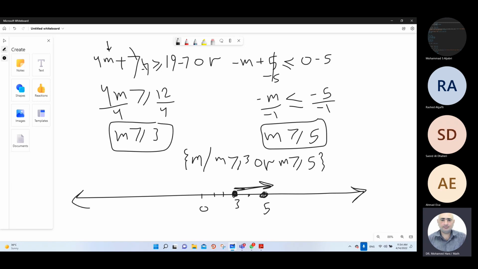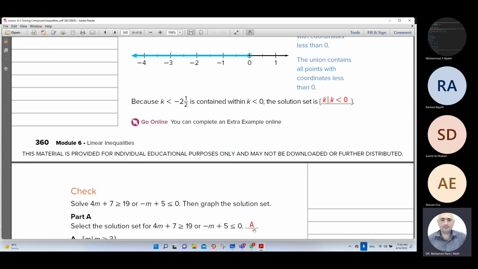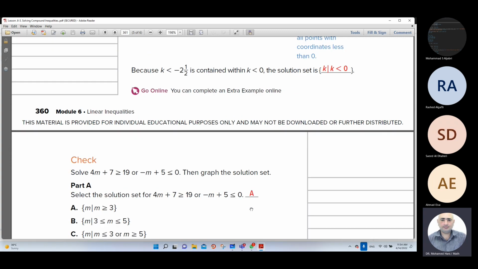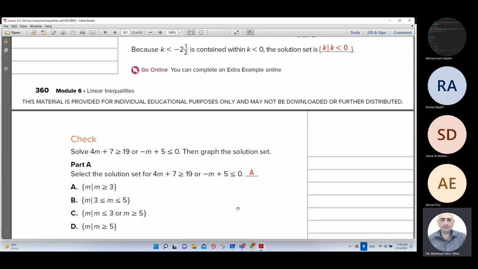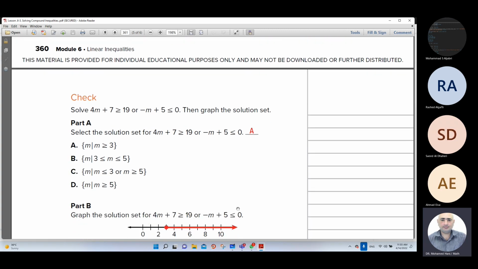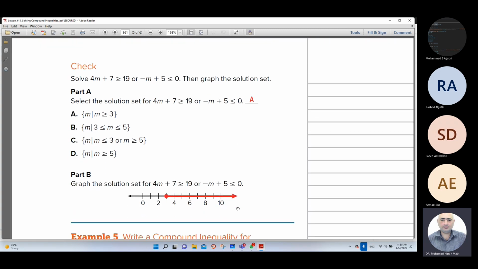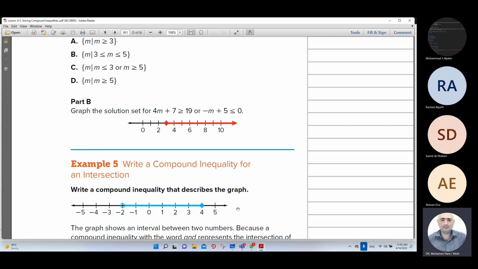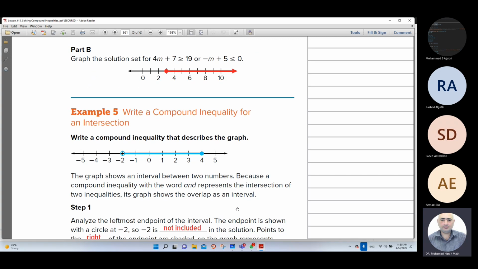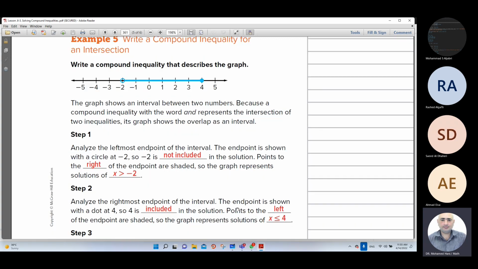And m greater than also to the positive side. Okay, who has any question about this idea, about this exercises?